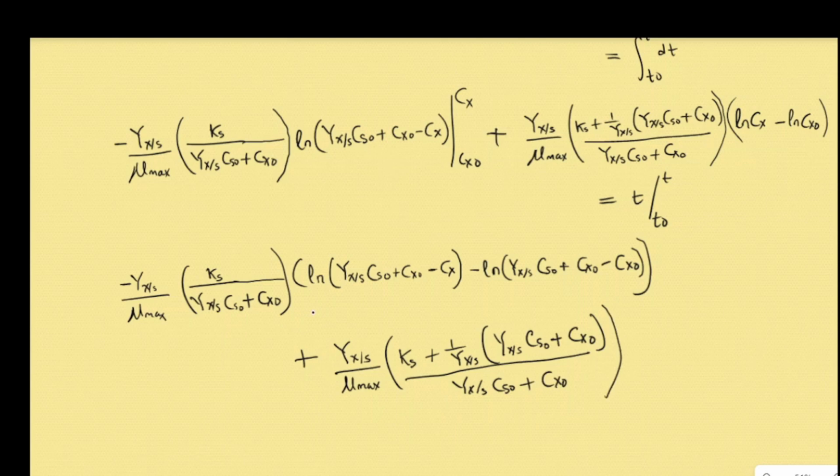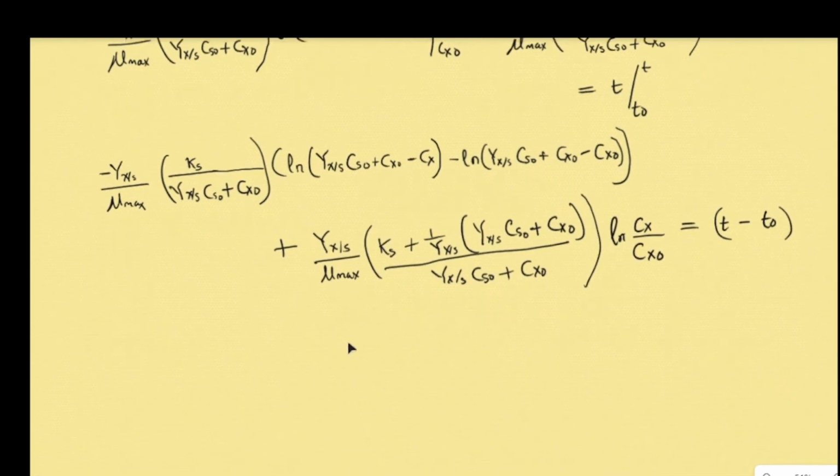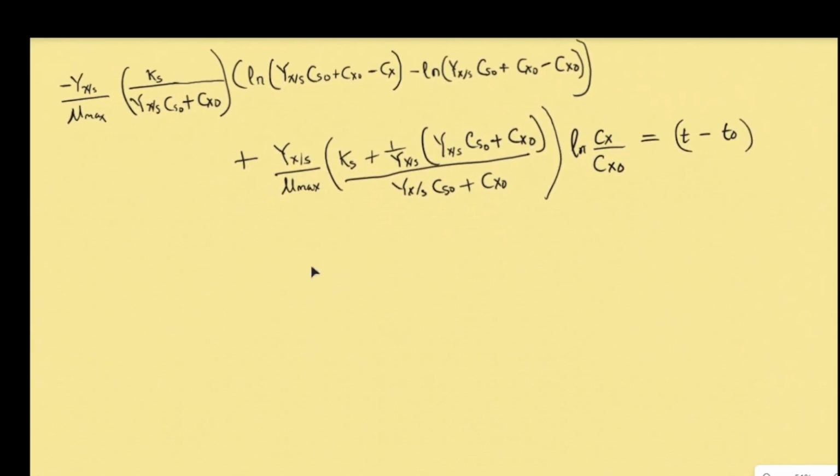Okay, so applying your law of logarithms to this particular place, you agree with me that this will become natural logarithm of Cx over Cx naught. So everything will now be equal to, so if you apply the definite integral, this will be t minus t naught. So let me just leave this one like this, t minus t naught.